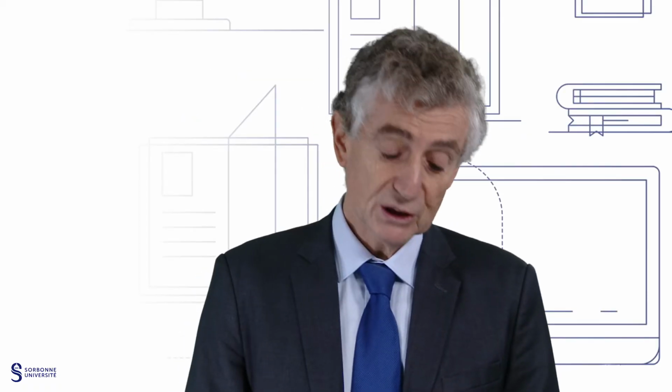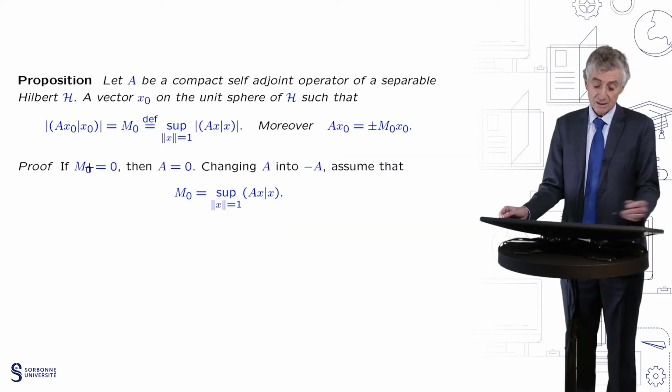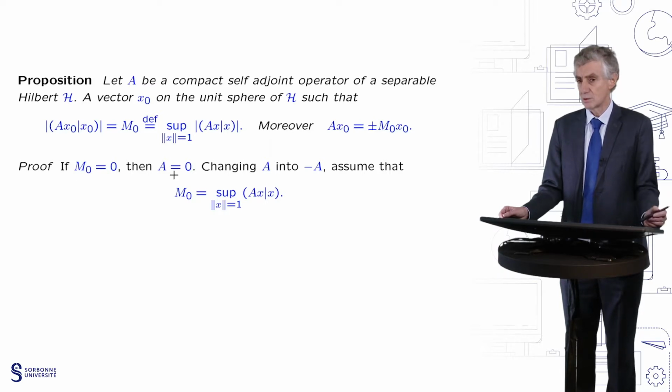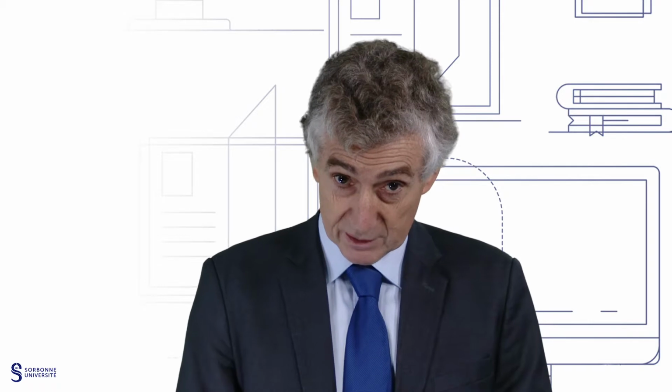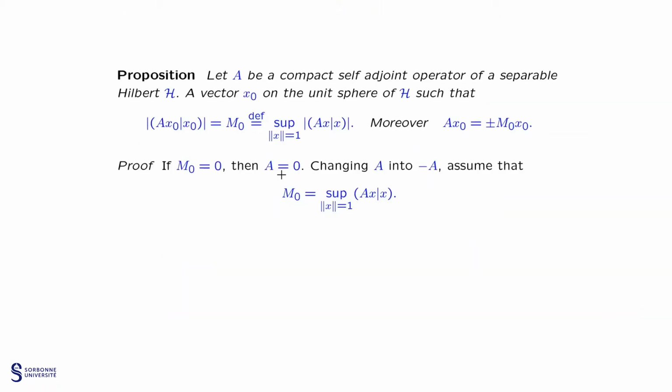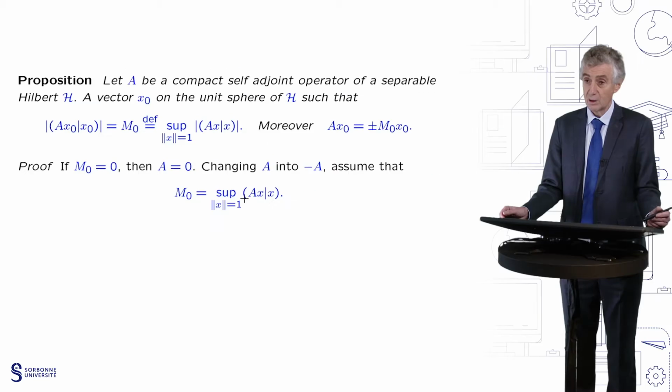The previous proposition claims exactly that if M0 equals 0, then A equals 0, so there is nothing to prove, and we can assume that M0 is positive. And then changing A into minus A, we can assume that there is no absolute value, and M0 is the supremum of ⟨Ax, x⟩.